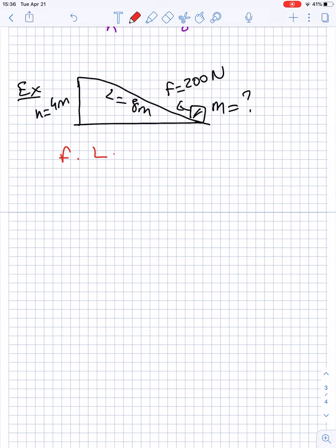Our formula: F multiplying L is equal to mg multiplying height. F is 200, L is 8 meters, and M we don't know, gravity is always 10, and the height of the inclined plane is 4 meters.